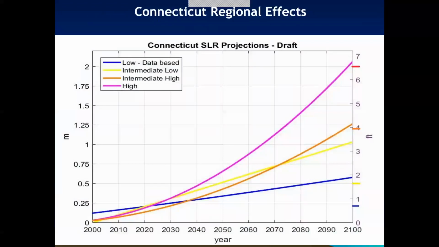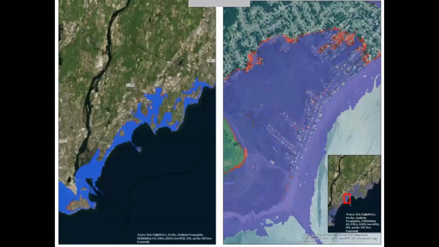But if you look at 2050, and this was the key insight, the numbers don't vary that much. And one of the key decisions was to say, if you're going to be developing, if you're going to be working with a planning and zoning commission, if you're a municipality or a state planning a project, what should be your sea level rise assumption? And about 50 centimeters by 2050 is the bound that comes out from this observation.